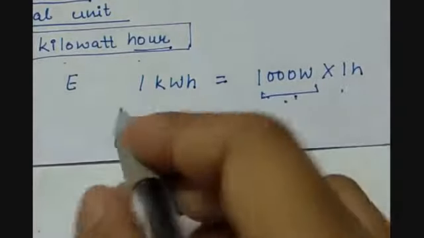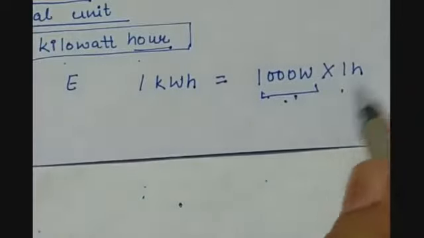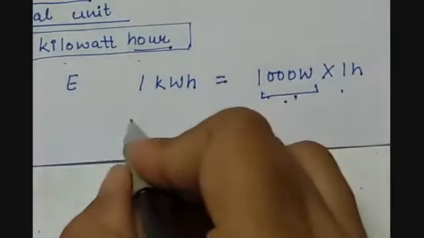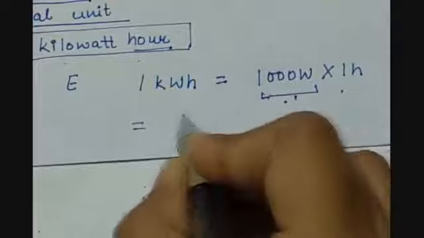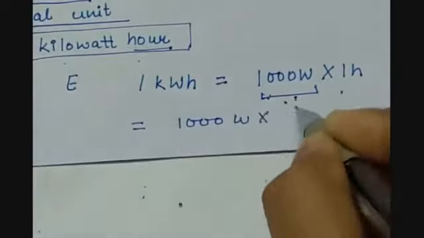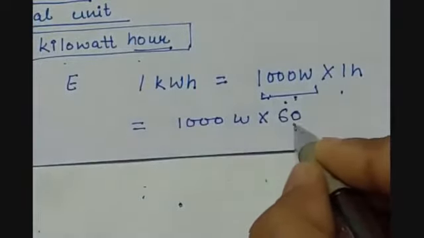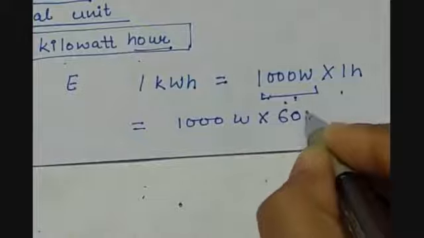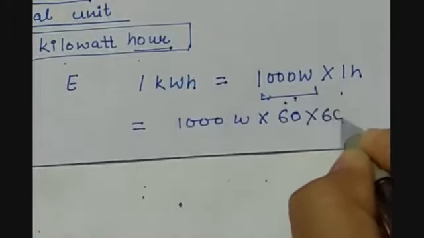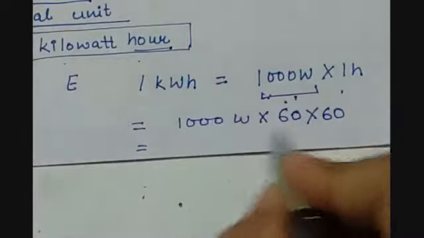If we have to convert kilowatt hour into joules or watt second, then we can write it like this. We have 1000 watt. Hour is first converted into minutes, multiplied by 60, then converted into seconds.